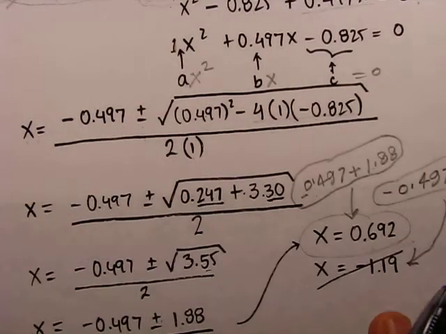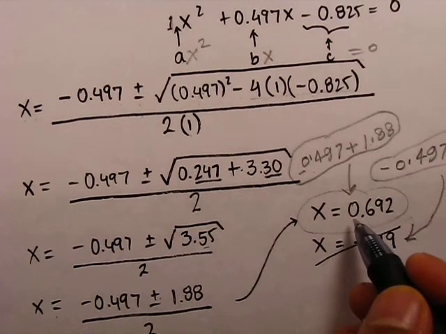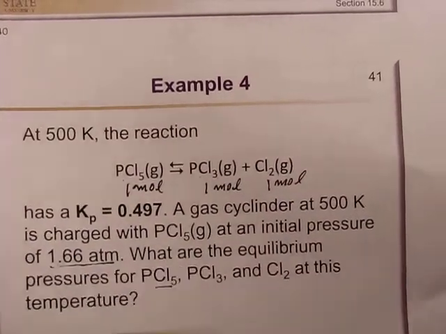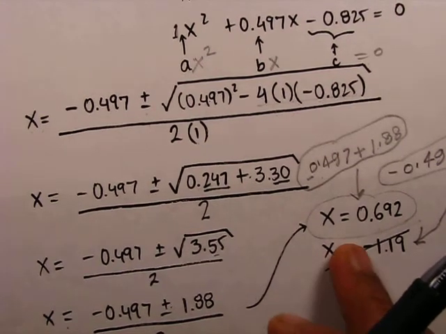So it cannot go negative; it will be some positive value less than 1.66 atmosphere. That is why this value is acceptable.